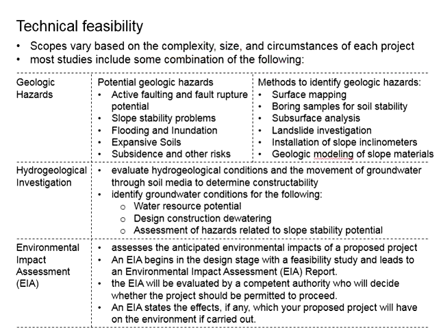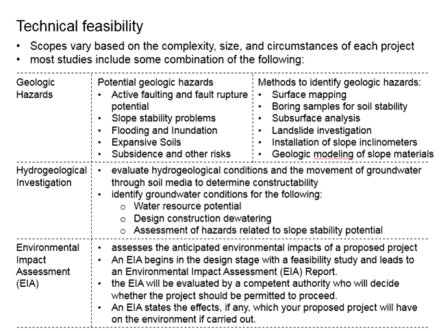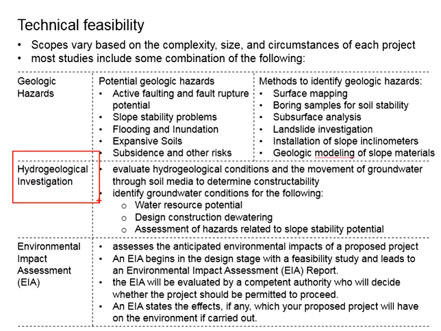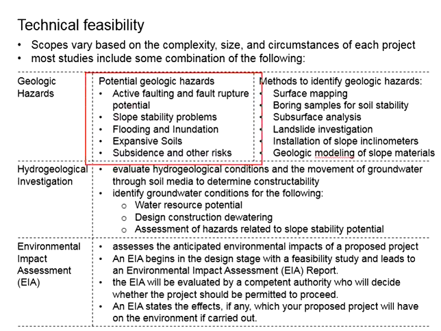Most studies involve some combinations of the following. These include the geologic hazard, the hydrogeological investigations, and the environmental impact assessment. These are the potential geologic hazards, such as active faulting and fault rupture potential.